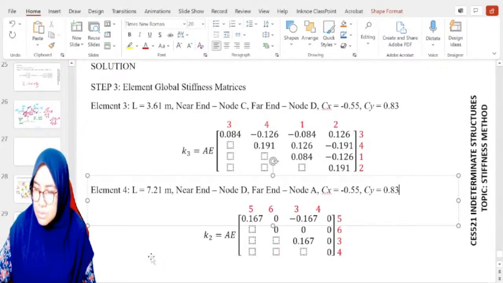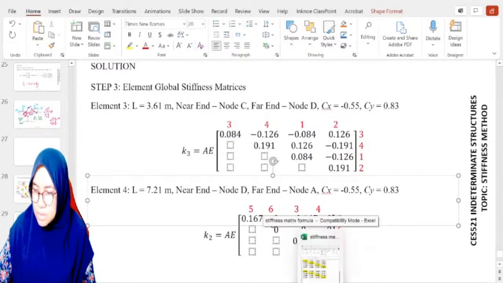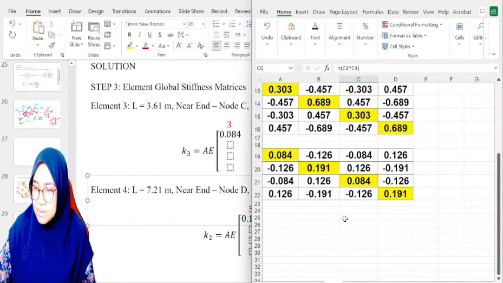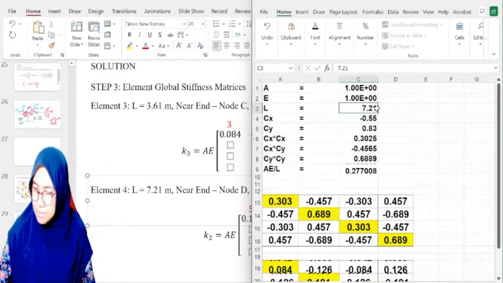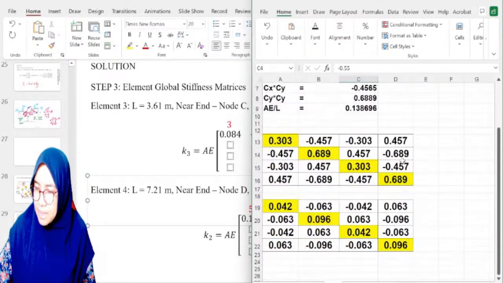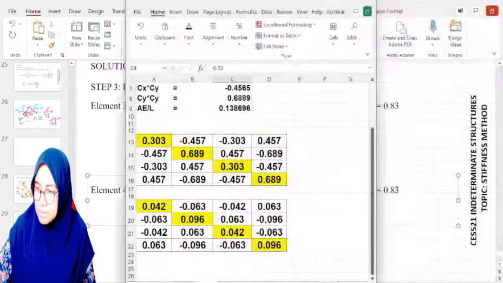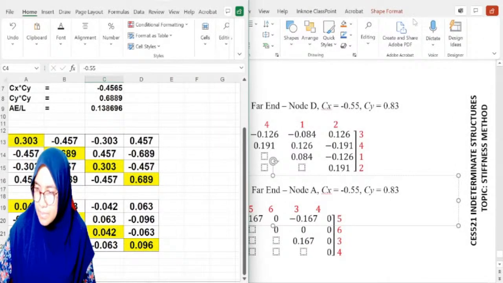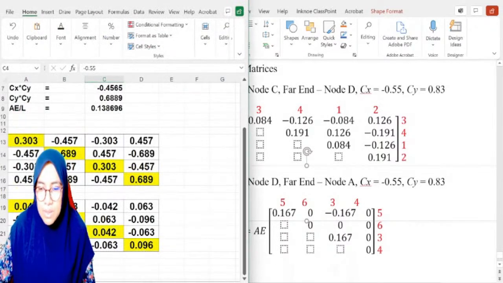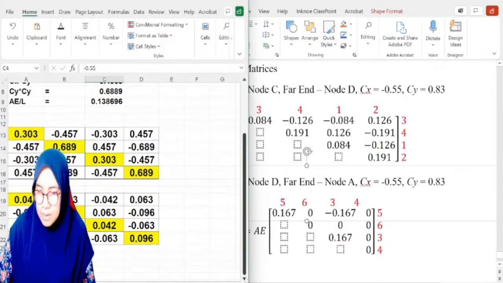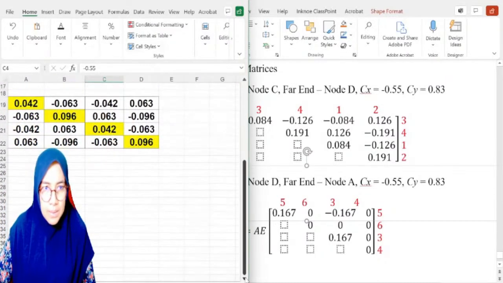So we put into the formula. It is 7.21. So we get this value. It is 0.042.